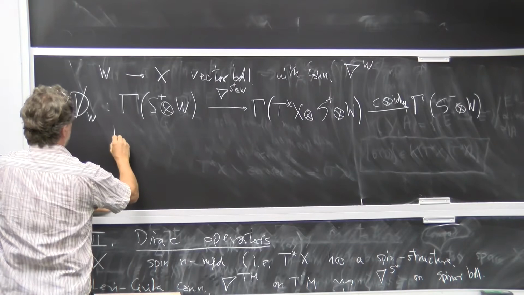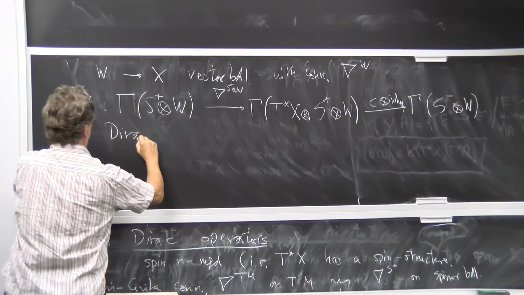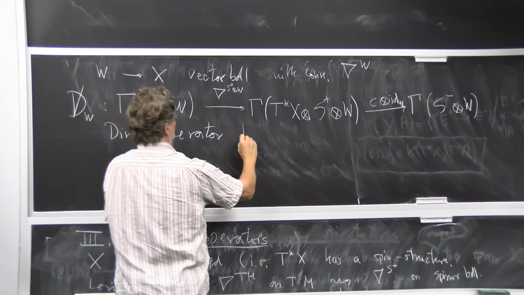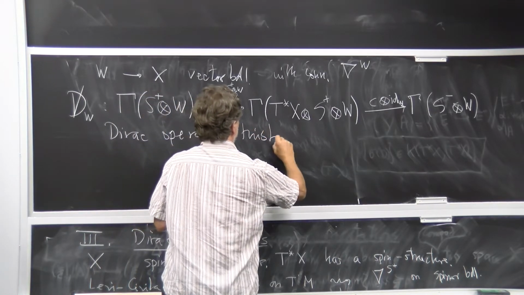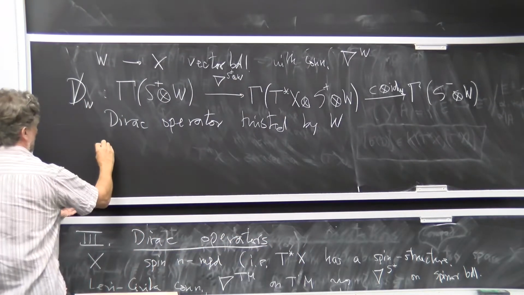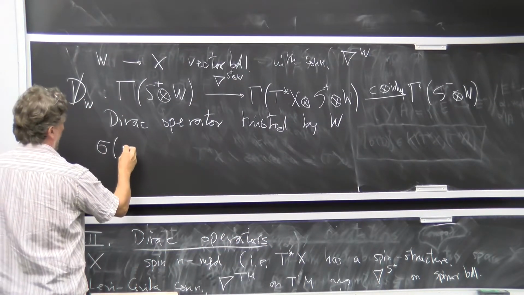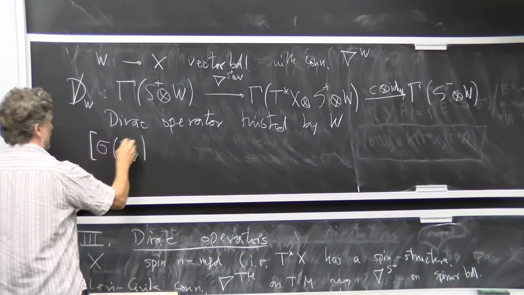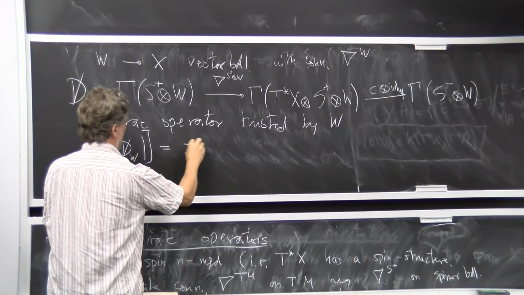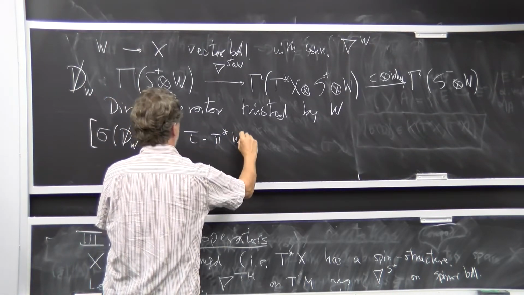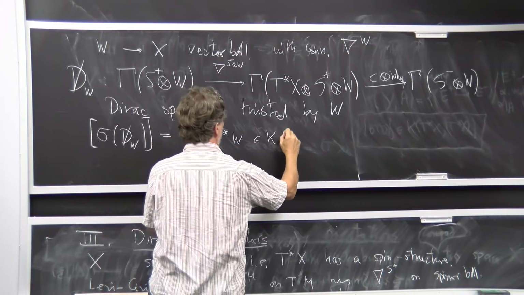And this is called the Dirac operator twisted by W. And yeah, then the principal symbol of this one here is what you would expect. Namely, it's just the product of tau times pi star W as an element in the K-theory group.